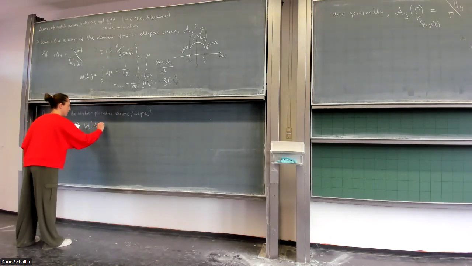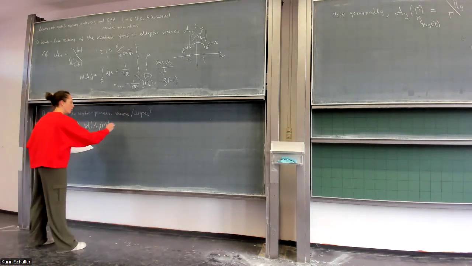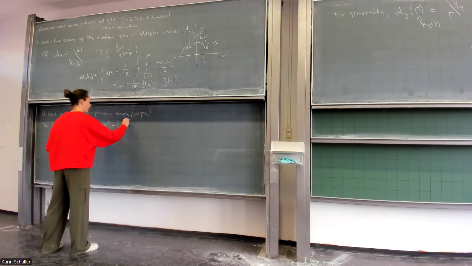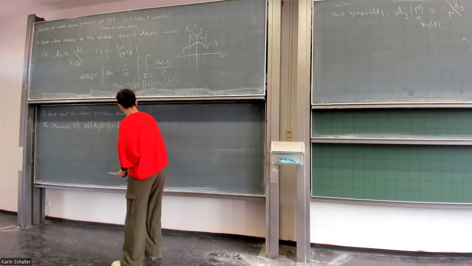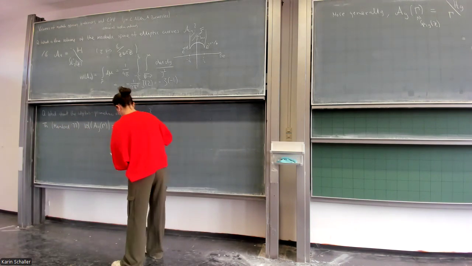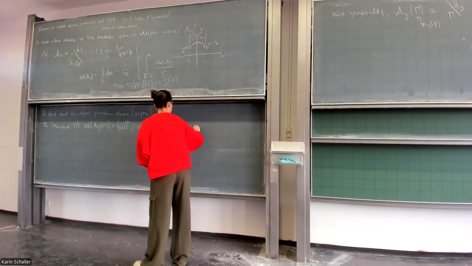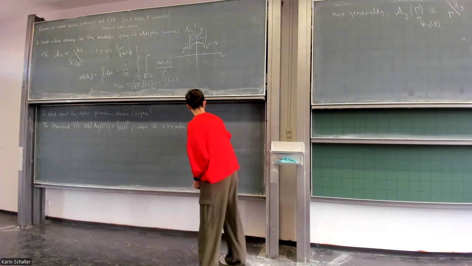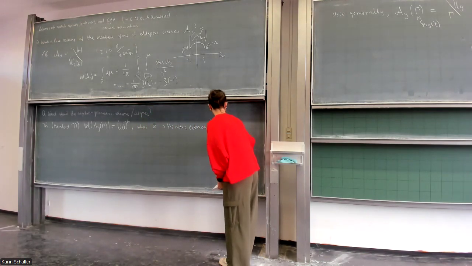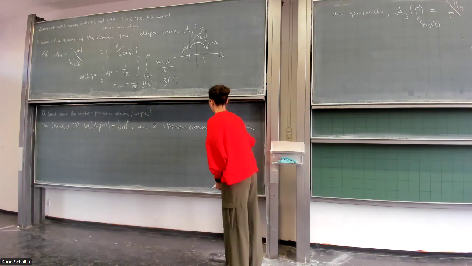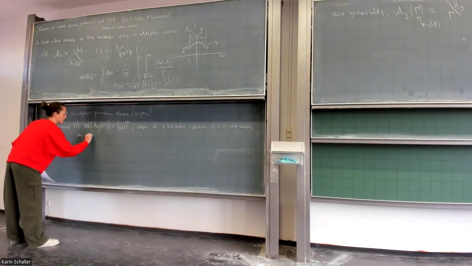He did not state it in these words, but it is because of his results that you can say that this volume agrees with the top intersection number of this extended Hodge bundle, where this is the so-called metric extension of the Hodge bundle to any smooth projective toroidal compactification.